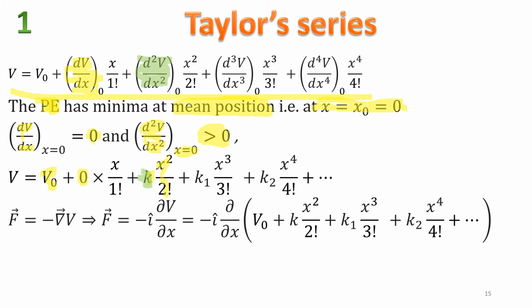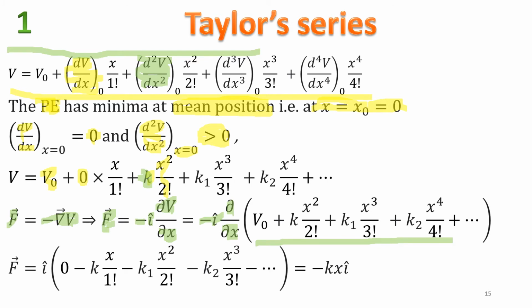Now from mechanics we have F is equal to minus grad V. So F bar we can write for one dimension as minus i cap into the partial derivative of V with respect to x. So we have to operate minus i times the partial derivative of first order of V, where this V we have picked up from this first equation.